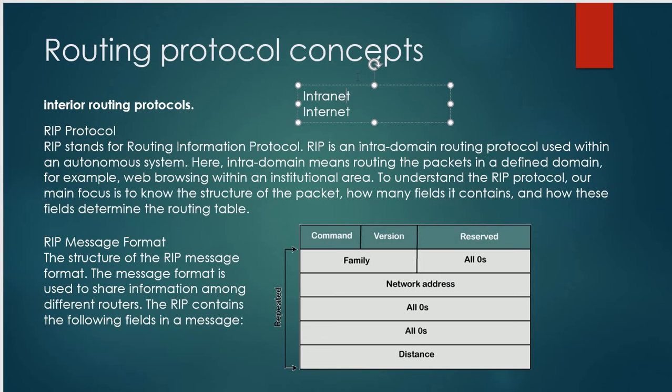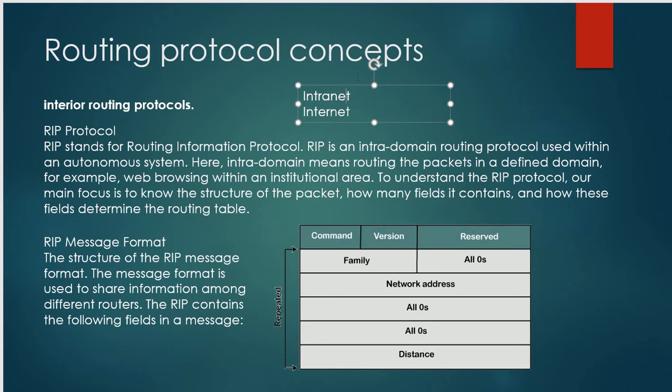In intra-domain routing, the packet is kept in a specific area, a specific domain. Let's say a web browser within the institutional area. These are the examples. Some intra-domains have browsing facilities within the campus area only, which cannot go out to the external network.